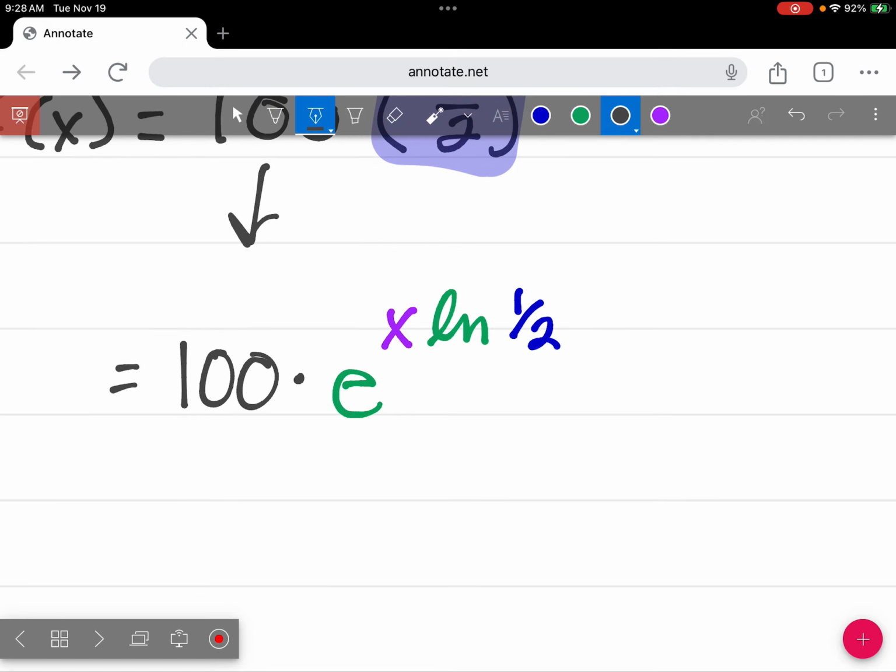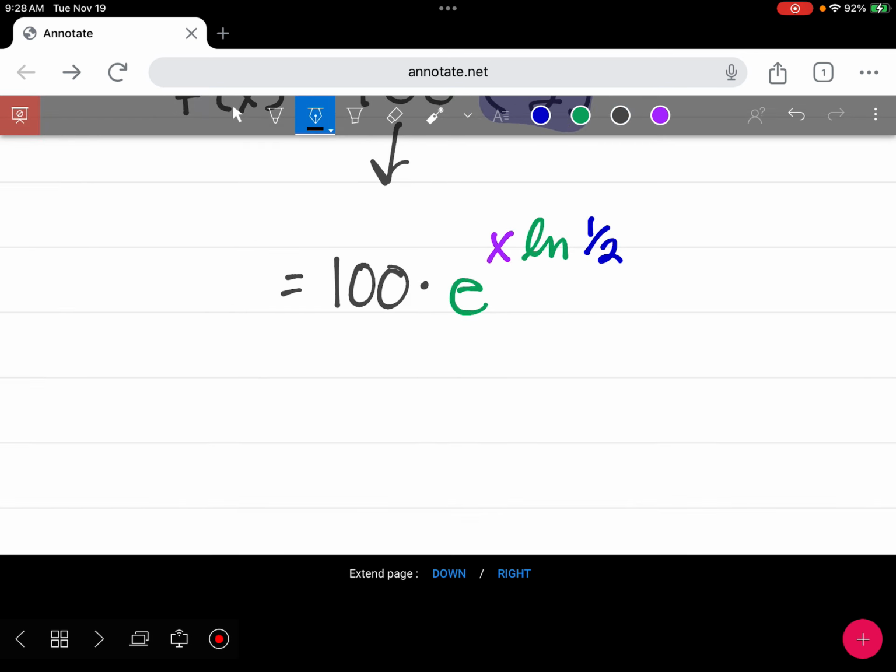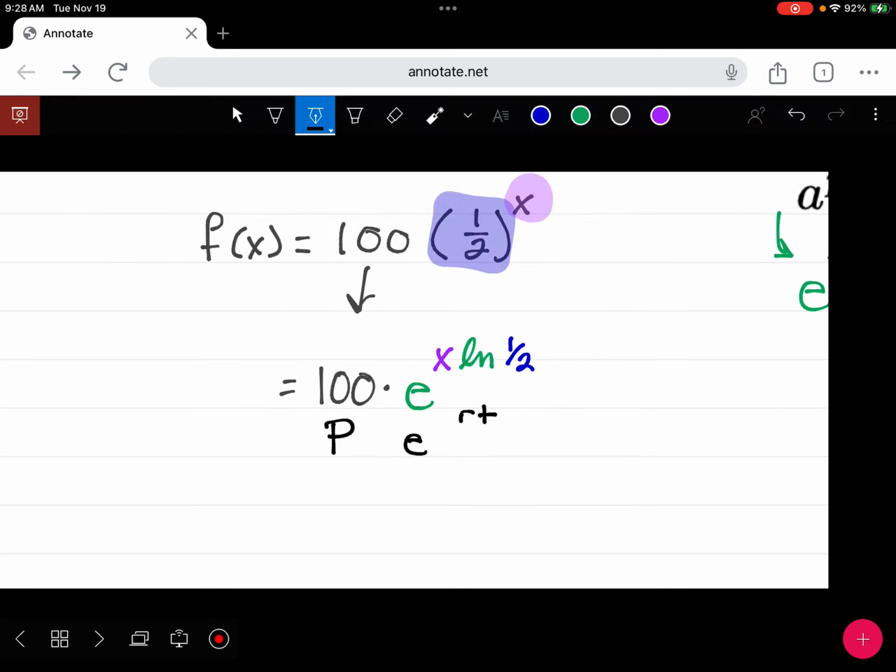So we've switched it around. And then what we're doing is comparing it to P e to the rt. Why am I not saying that my r is my x?